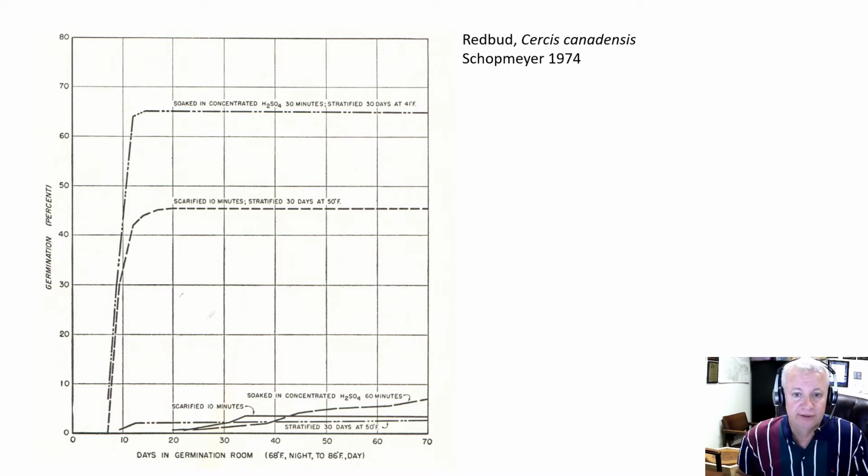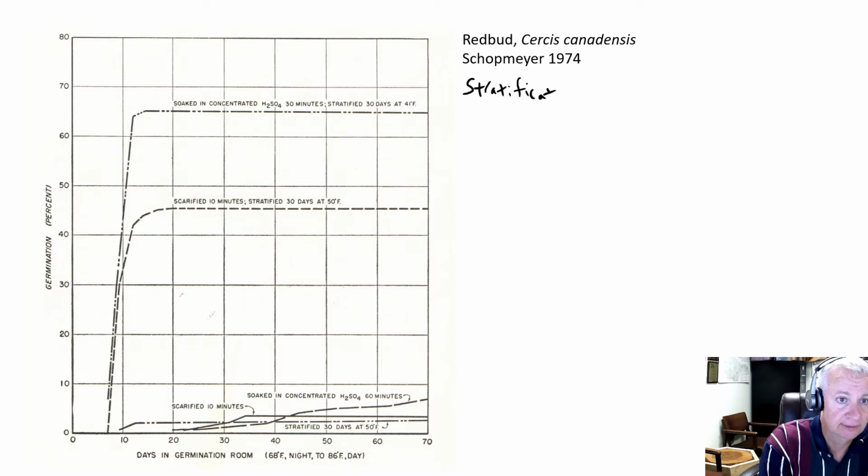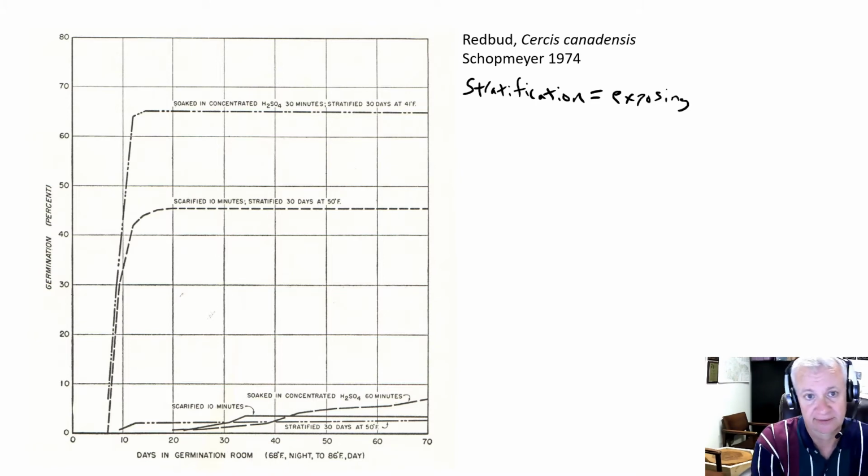Now for seeds of species that do have seed dormancy, those seeds must be stratified before they will germinate. And stratification, in a broad sense, just means exposing seeds to conditions which break dormancy.